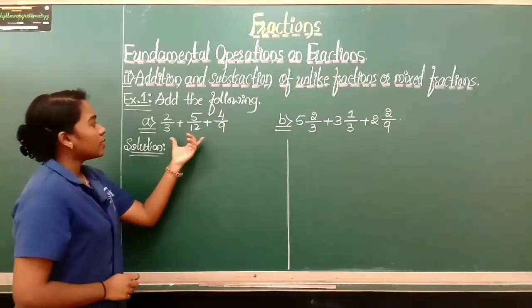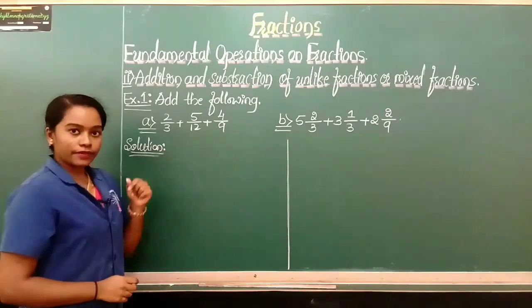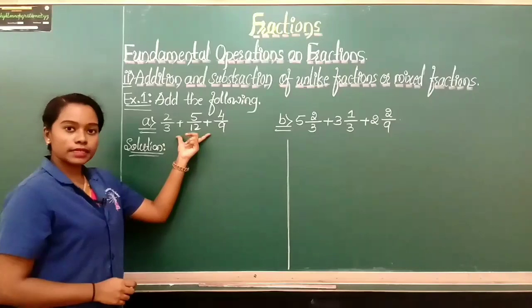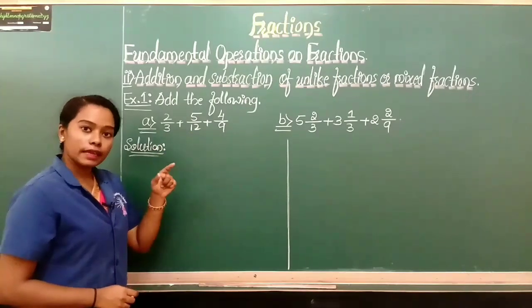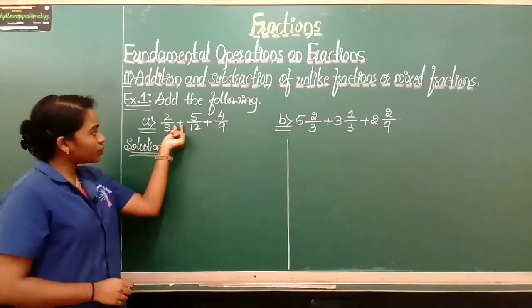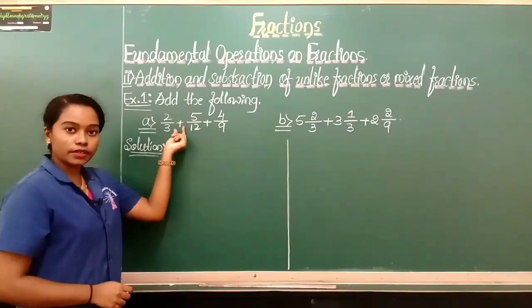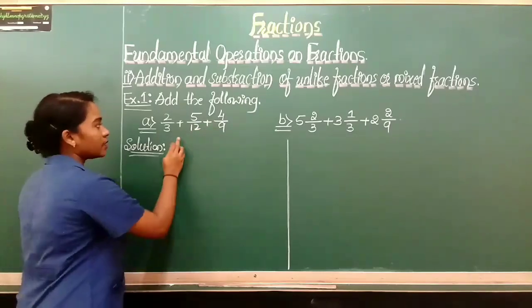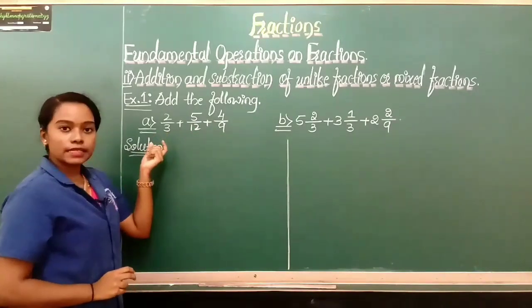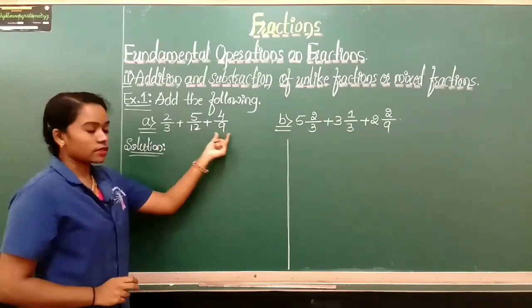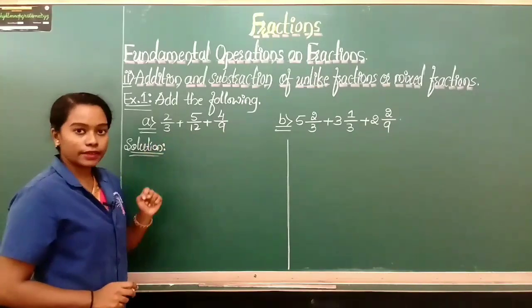These are unlike fractions because the denominators are different. We have to convert them into like fractions, then add them, because addition is there. Let's find the LCM of the denominators to convert them into like fractions.